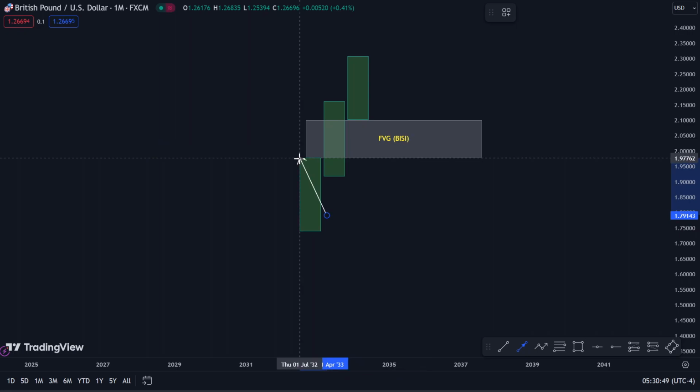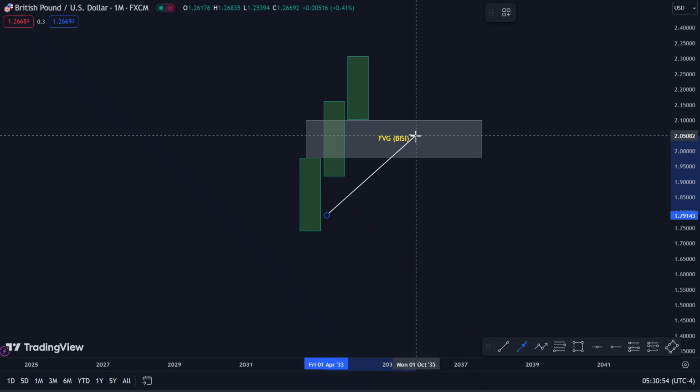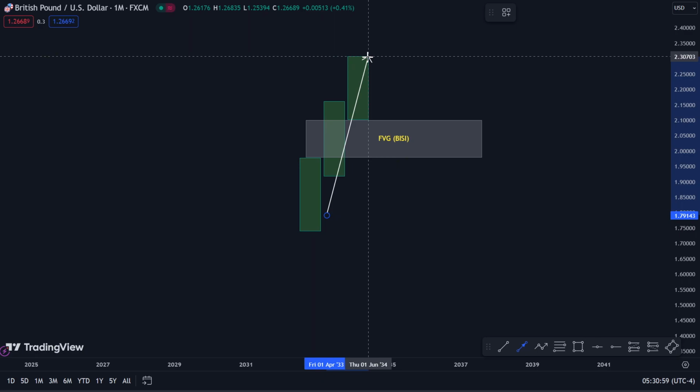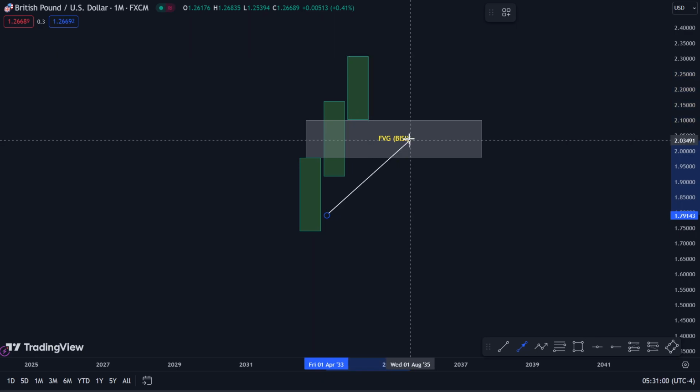Now the market's algorithm treats this as a gap, and later on in time it will come back to reprice into this inefficiency, and at times fill it up, though it's not a must.